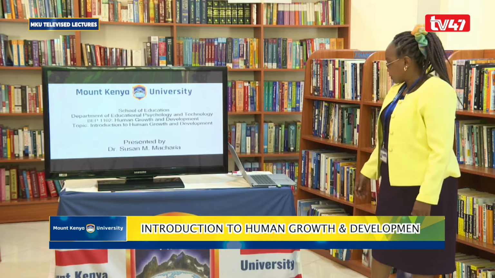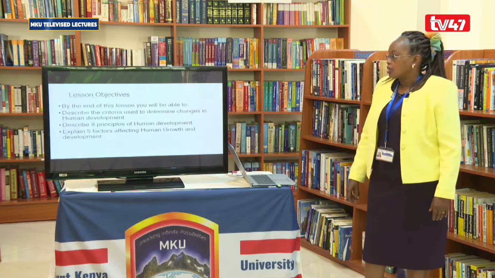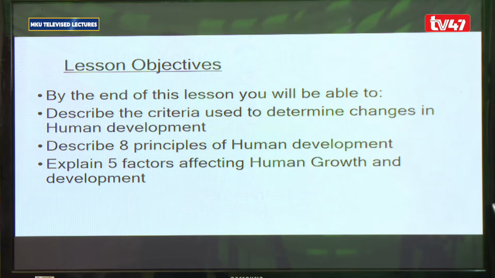So, today, I want us to look at some of the things that you will be able to achieve by the end of this lecture. The first thing is that we want to be able to define a few of the terms in human growth and development. We'll also be able to describe some of the criteria we can use to determine the changes in human development.